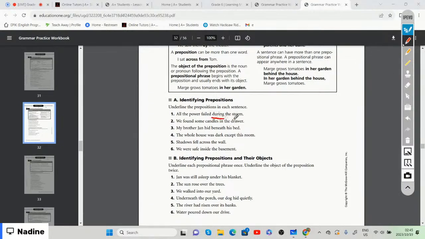The storm. We found some candles in the drawer. And in is our preposition. My brother Jan hid beneath his bed. So beneath is our preposition.